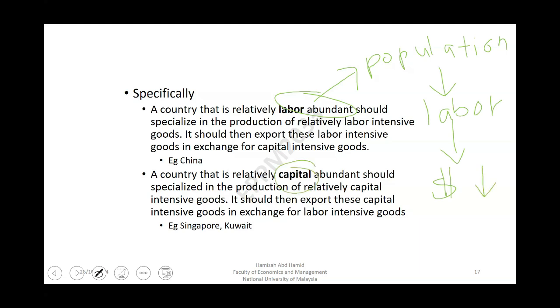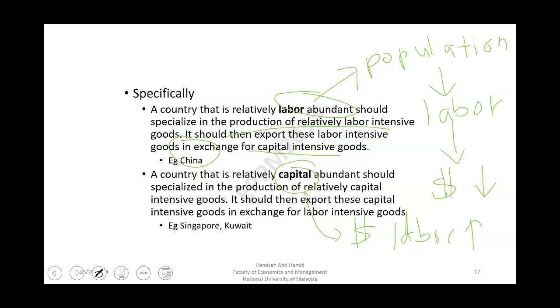Some countries are capital abundant, meaning that a lot of capital is flowing through the country. So usually in this type of country, labor cost is high. So what can they do about it? A country that is relatively labor abundant should specialize in production of labor intensive goods, then export these goods in exchange for capital intensive goods.